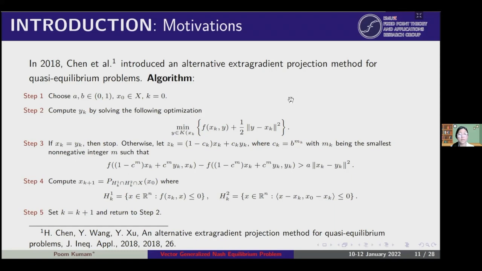In 2019, Professor Chen introduced an alternative extragradient projection method for the quasi-equilibrium problem. We can observe that after the line search step, they consider the projection of the initial point X0 onto the intersection of the half-spaces S1 and S2 and the set X. This algorithm is kind of interesting.